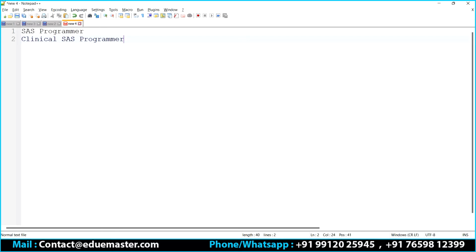The simple difference is, if you are a normal SAS programmer, let's say I'm working for one of the banks, say ABC Bank, without knowing the banking terminology, let's say I have something called a secured loan. I don't know what a secured loan is. I don't know what an unsecured loan is. What do you mean by mortgage? I don't know. What are deposits?